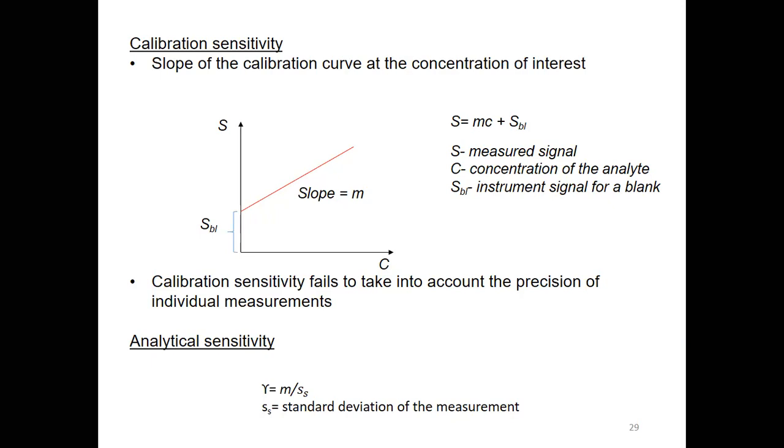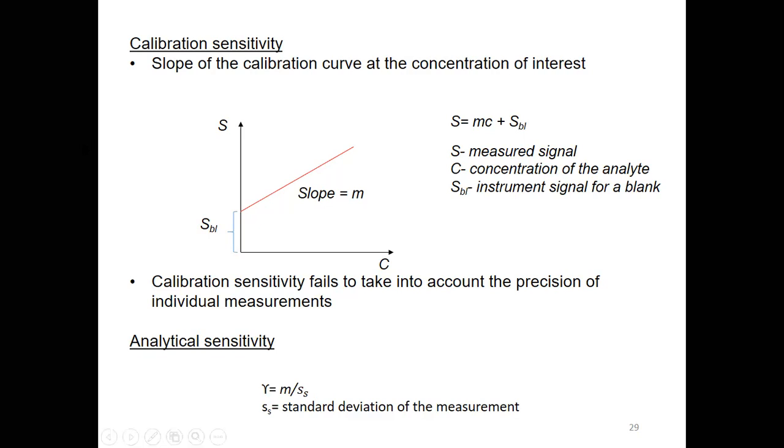Suppose a calibration plot has been given and you are asked for the calibration sensitivity. In that case, you simply tell the number that appears as the slope. That is the calibration sensitivity. You don't need to do any calculation. If the equation has been given, the slope is the calibration sensitivity.